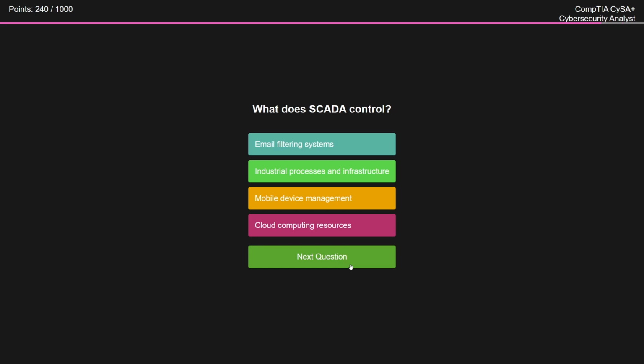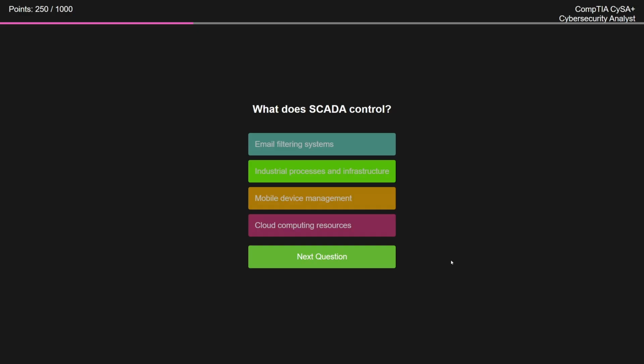What does SCADA control? Email filtering systems, industrial processes and infrastructure, mobile device management, or cloud computing resources. For me, it's going to be industrial processes and infrastructure, because a lot of the times I see SCADA and ICS together. And what's ICS?